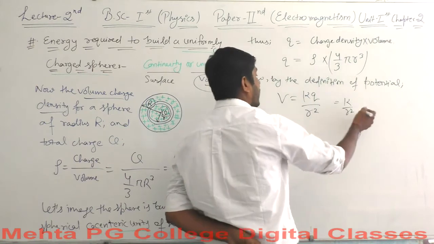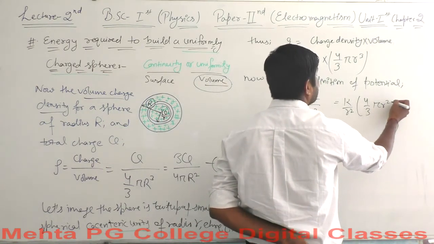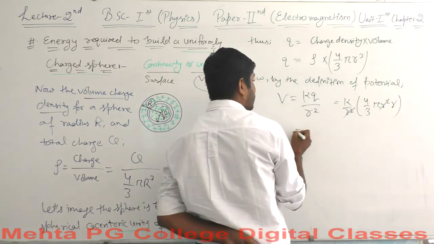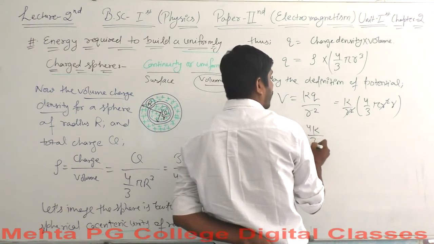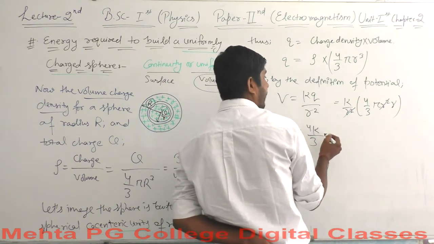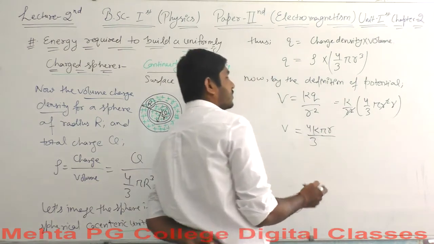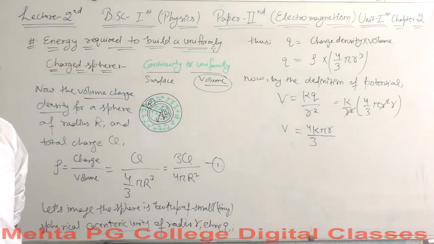We have 4 by 3 pi r square into r, so that we can cut it easily here. So V is equal to 4 by 3 k pi r. So this should be the value of potential here.